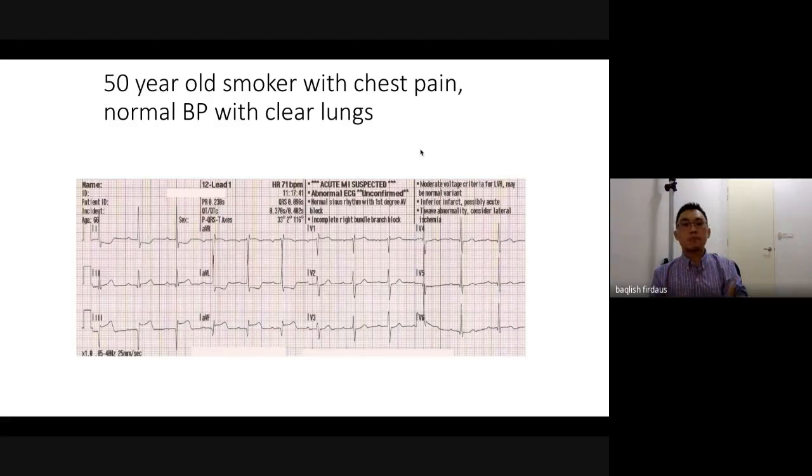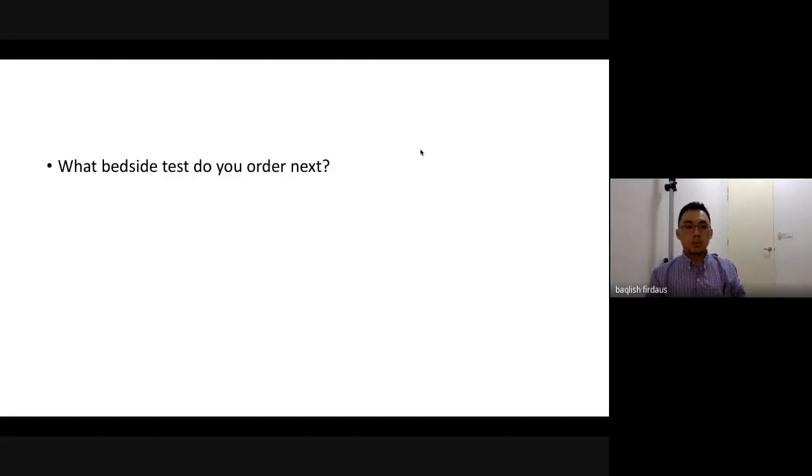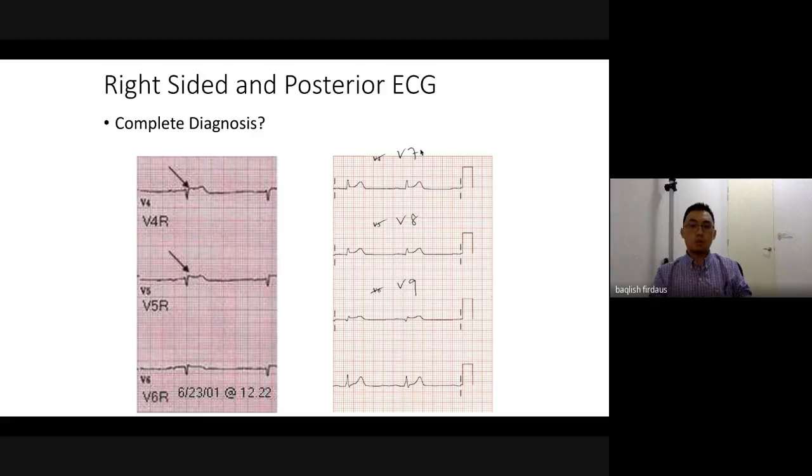You must tell the cardiologist or specialist the onset and duration of chest pain. 50 years old smoker, chest pain started 3 hours ago, Killip 1. Then you must tell the ECG, whether it's inferior MI, extensive anterolateral MI, lateral MI, and so forth.